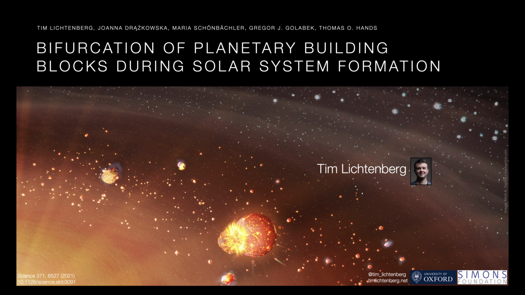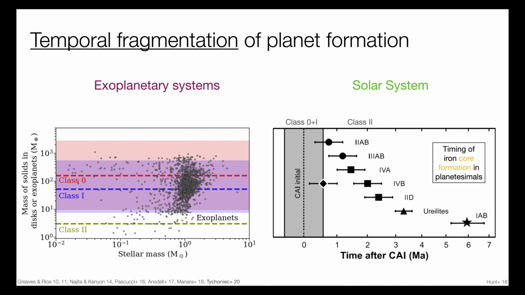To begin with, let me introduce two independent lines of evidence from related scientific fields that give us constraints on this question. The plots here present evidence for temporal fragmentation of the planet formation process, from both exoplanetary systems and from the early solar system. On the left-hand side, you see stellar mass versus mass in solids, in either the dust component of disks or in exoplanets.